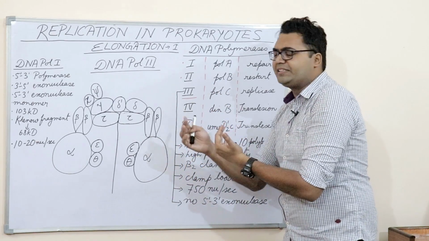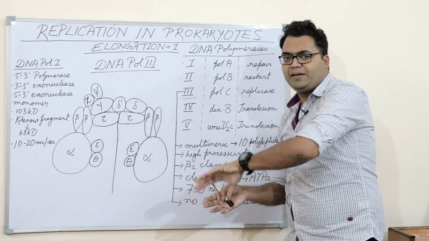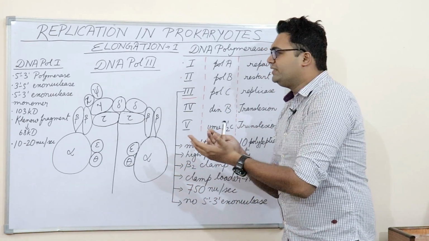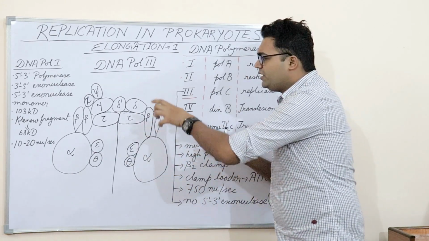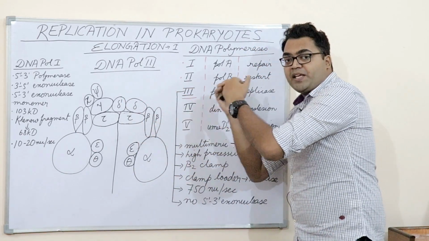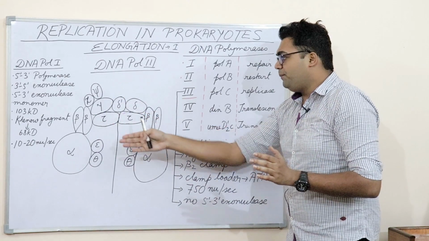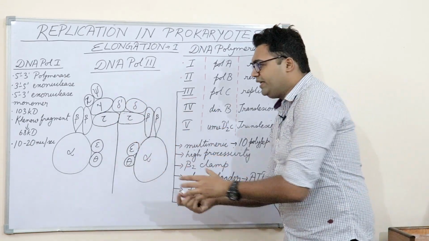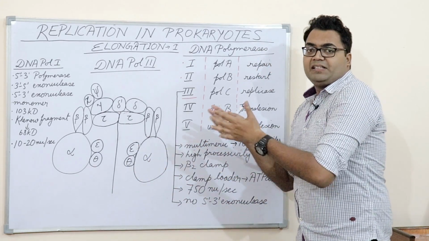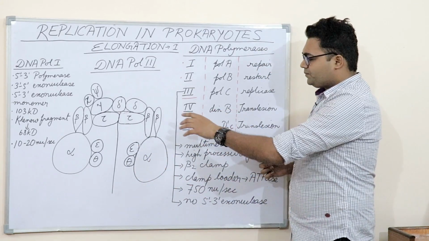So either of the two things can be done. Either it can dissociate earlier or it can dissociate after the loading. Or the energy used can be utilized by the clamp loader in order to load the entire beta clamp associated with the DNA polymerase core enzyme onto the template. So this is a thing of debate in research.